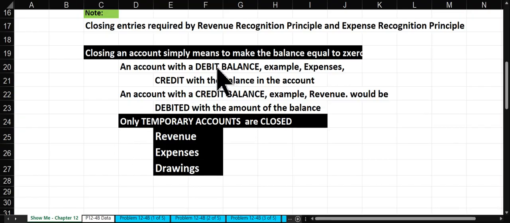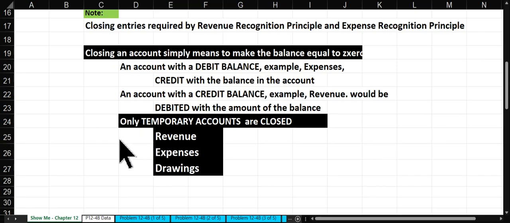So how do we do that? Well, in order to have the balance in an account equal to zero, we simply need to record the amount that is the balance in that account on the opposite side. Which means if an account has a debit balance, such as expense accounts and the drawings, then we make the balance equal to zero by crediting.